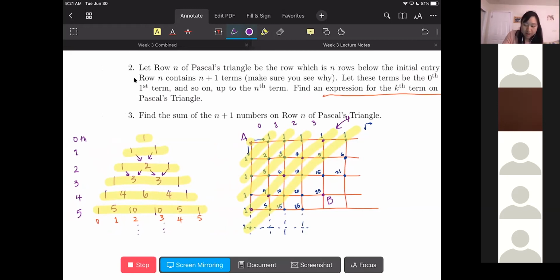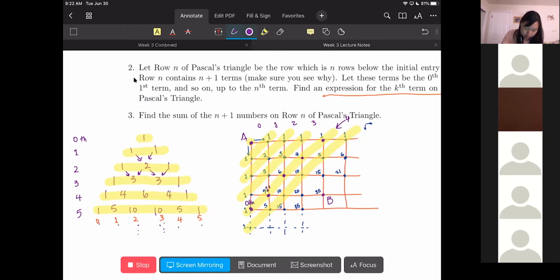Anything here in the pathfinding question is going to be 4 away from point A. The distance from A to each of these points is 4, where 4 could be 2 to the right and 2 down, or 3 to the right and 1 down, etc. And let's say again we labeled these elements 0, 1, 2, 3, 4, 5, etc. So this we'll call the 0th element.